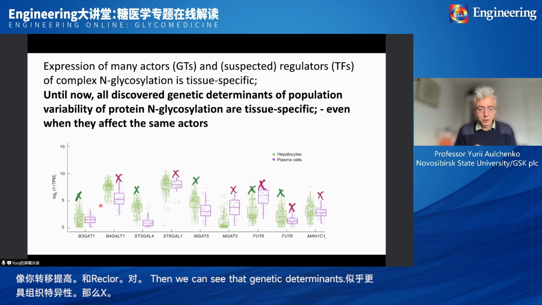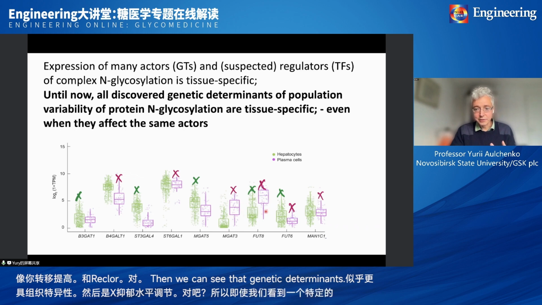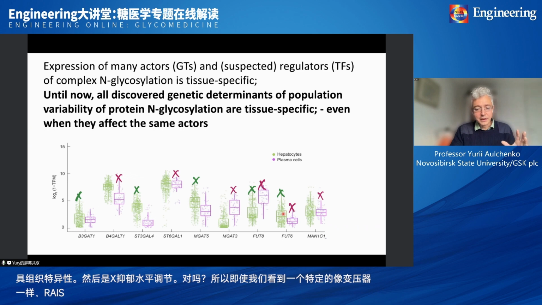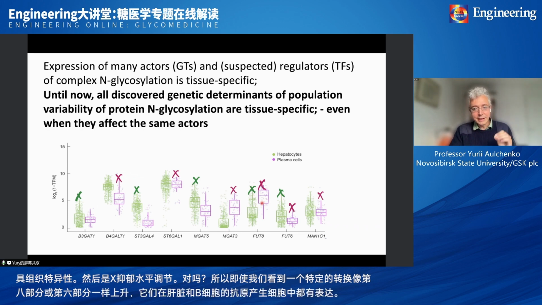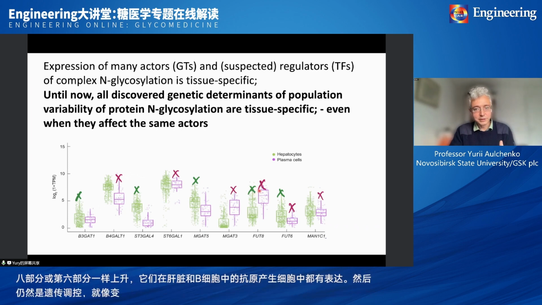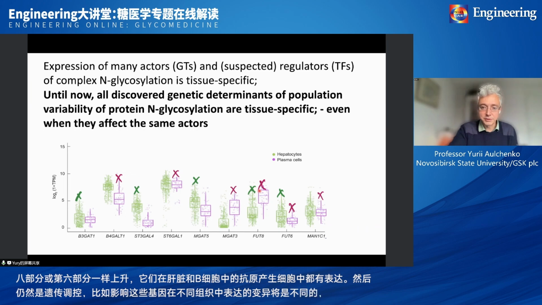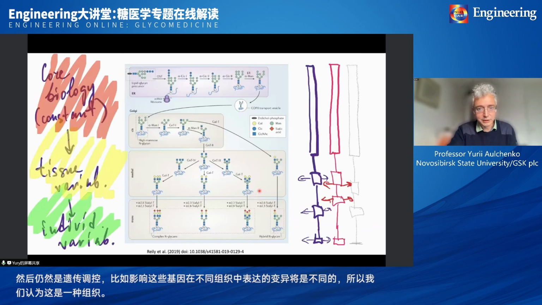So even when specific glycosyltransferases like FUT8 or FUT6 are expressed both in liver and in antibody-producing cells, in B cells, still the genetic regulation, the variation which will affect the expression of these genes in different tissues, will be different. So we think it's something like enhancers, tissue-specific enhancer variation, but we need to prove that.